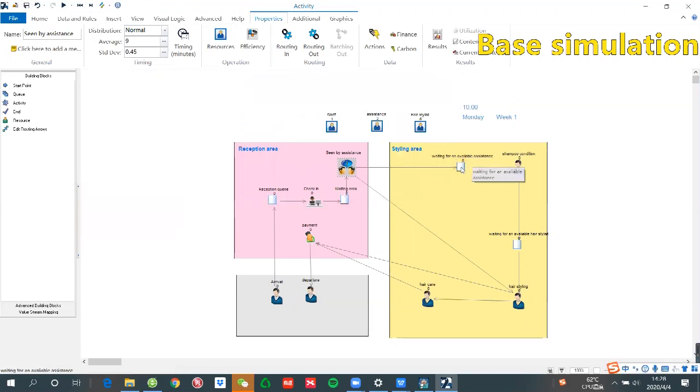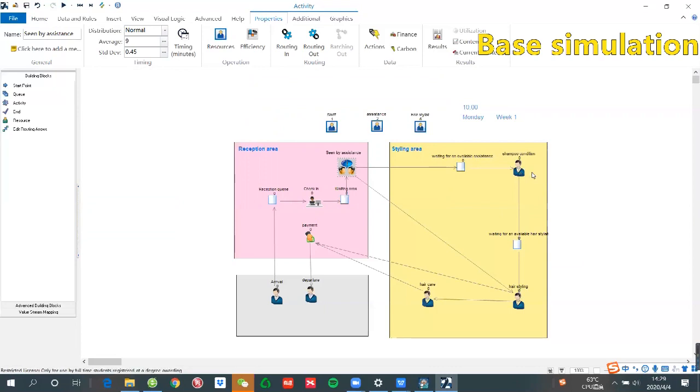We have 2 waiting areas, one for the shampoo conditioning and one for the hairstylist, and we don't set a capacity for those 2 because they are flexible. Some people want a shampoo or want to get a hairstyle straight away, so there's no determined number of how many people we can carry. It's just very flexible.